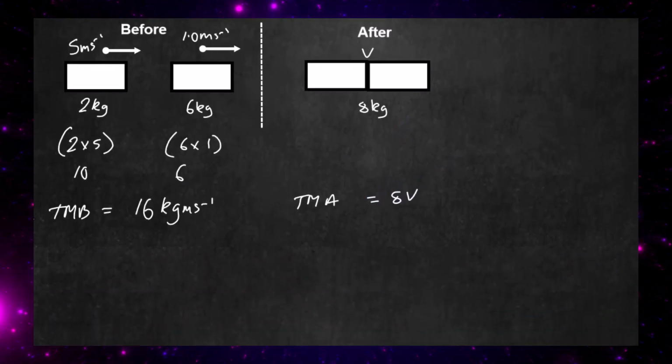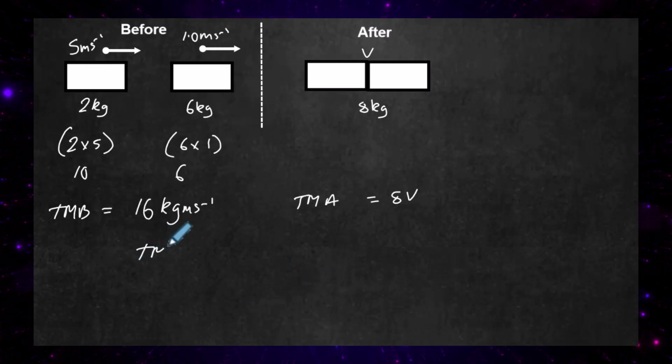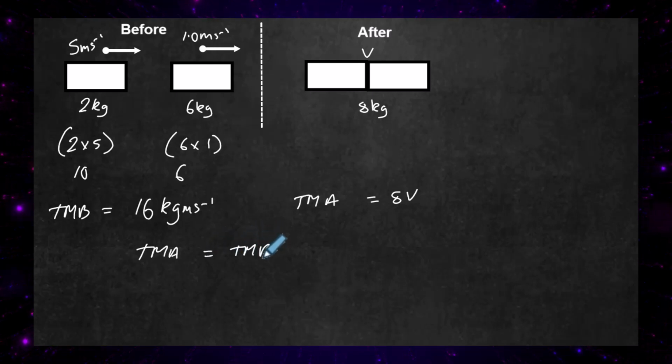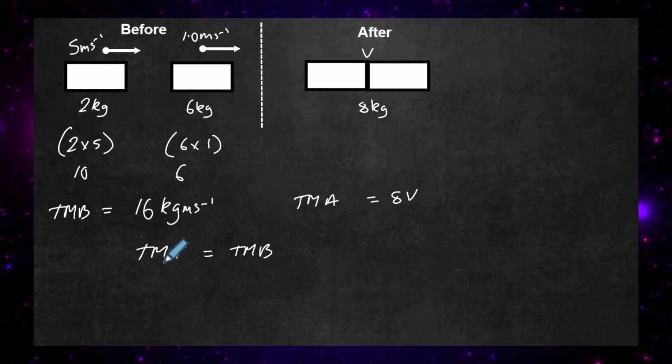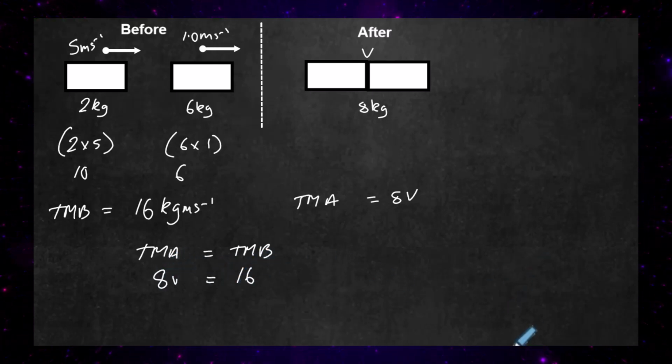Now we use our conservation of momentum. We say that the total momentum after the collision should always equal the total momentum before the collision. That's providing there's no external forces acting on the system. So we have total momentum afterwards is going to be 8v, and that should be equal to 16 in terms of the units.